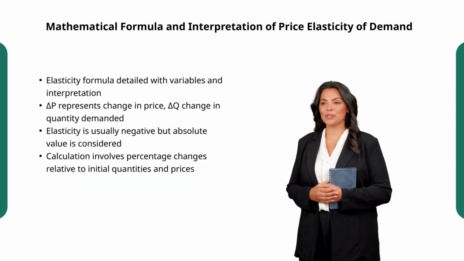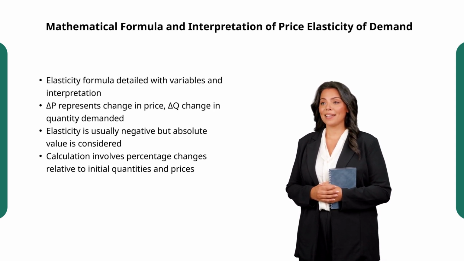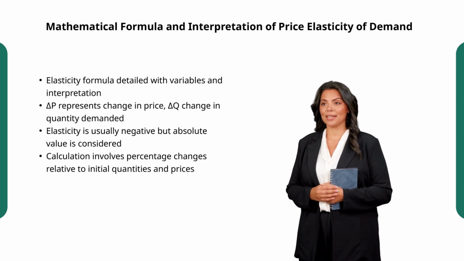Now that we've introduced what price elasticity of demand means, let's explore how we calculate it precisely. In the formula ED equals percentage change in quantity demanded divided by percentage change in price, the symbols delta Q and delta P refer to the absolute changes in quantity and price respectively. Let's break it down further.